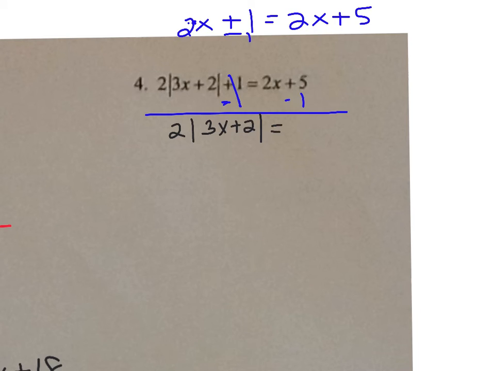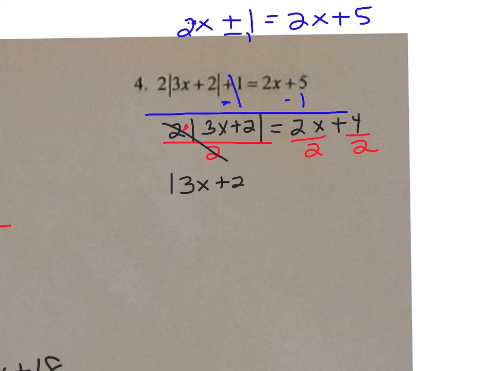Then the absolute value equals 2x plus 5 minus 1 is 4. Now we have to get rid of this 2 times, so we divide by 2. Make sure you divide everything by 2. So the 2's reduce. It's the absolute value of 3x plus 2 equals, the 2's reduce, and 4 over 2 reduces to 2.